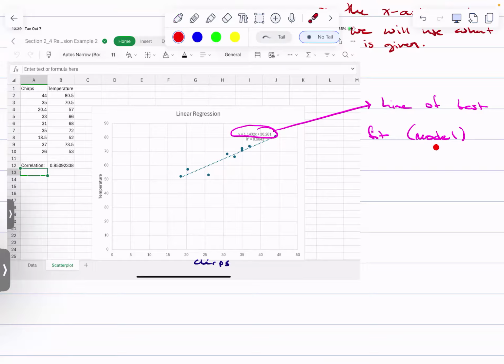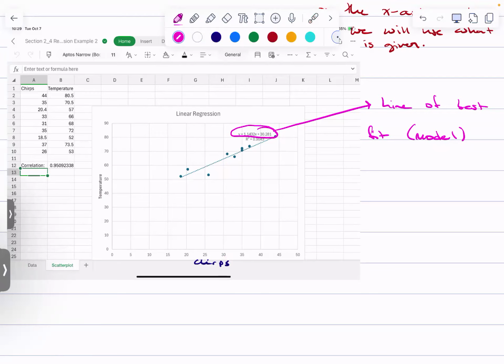But doesn't it sound cooler to say model? Here's my model. Wow. What do you use models for? In math and stats, we use models to make predictions. You're trying to predict the temperature, or you could work backwards and predict the chirps at some temperature. So you can move between the two.